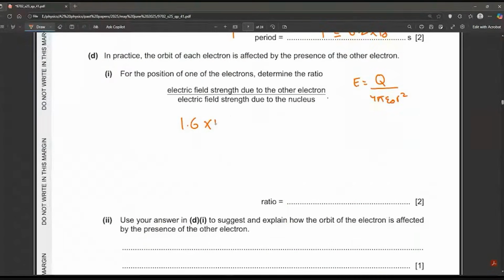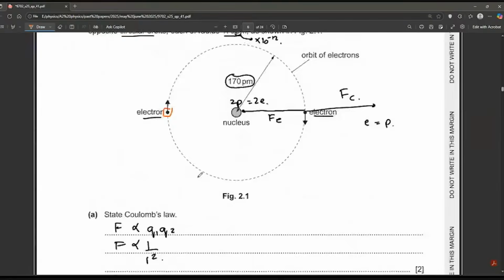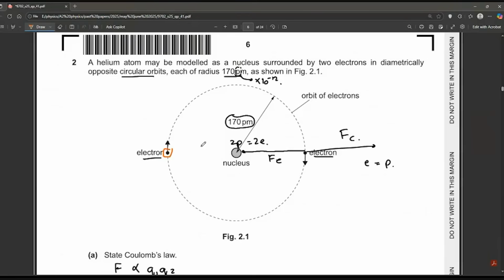1.6 × 10^-19 divided by 4π × 8.85 × 10^-12. What is the distance between this electron and this electron?